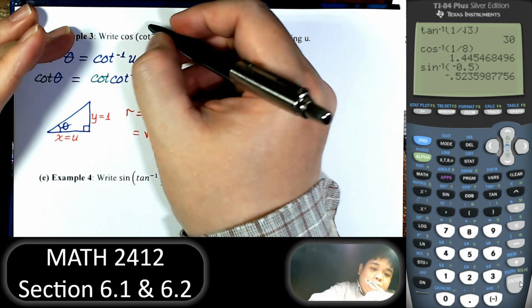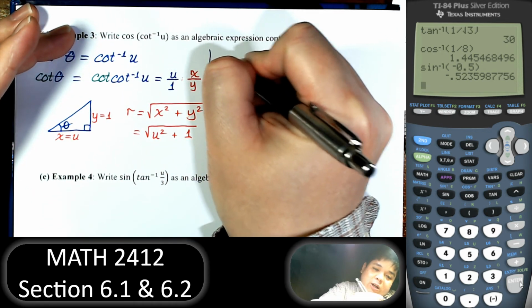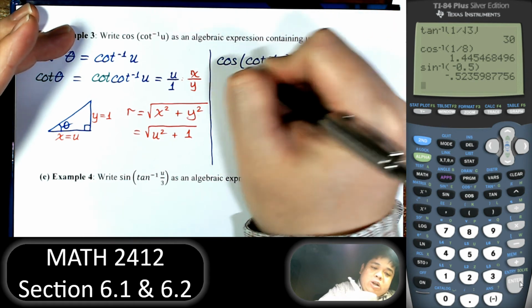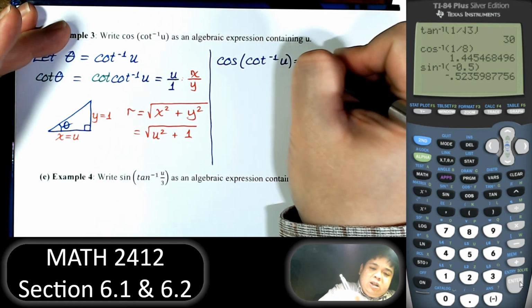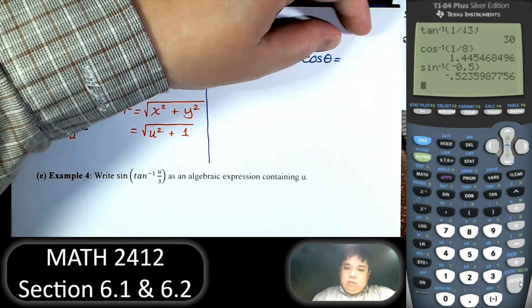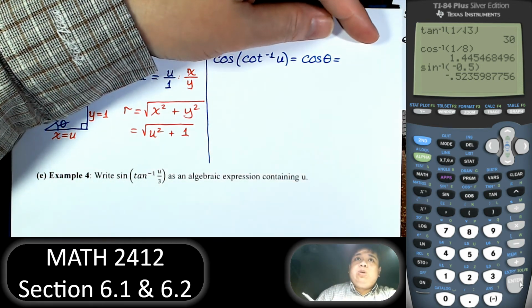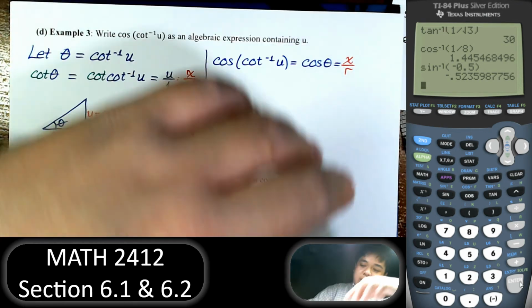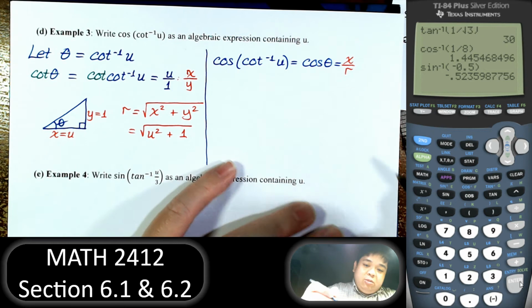Now with that, we can go back to the problem. Cosine of cotangent inverse of u. Cotangent inverse of u is just theta. So I have cosine of theta. What is the ratio for cosine? x over r. And what is x? Well, u.